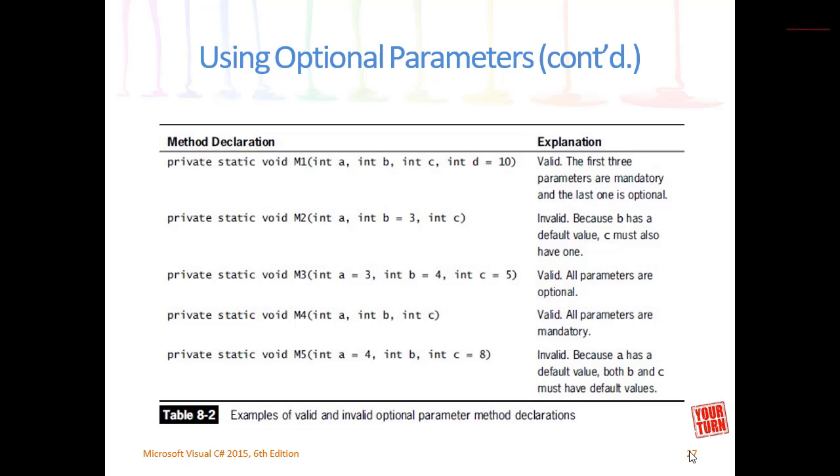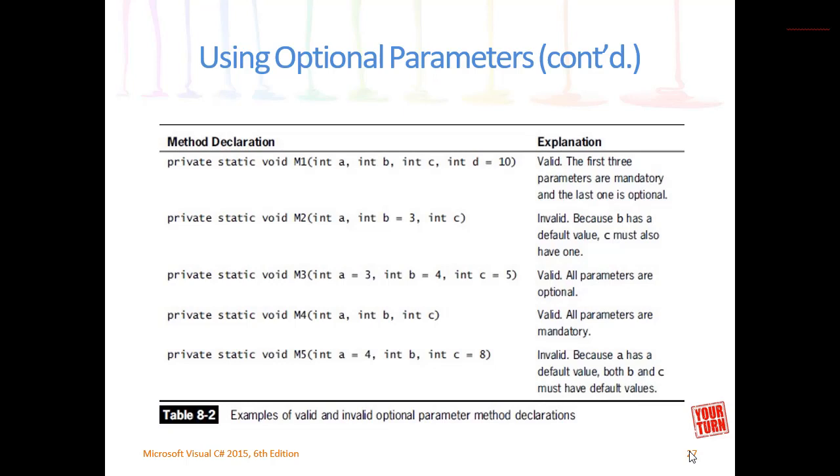So this is okay. This is good, okay? The second one, we have optional or mandatory? Mandatory, optional. Is this legal? No, it's not, because we have the optional in the middle. So yes, it's supposed to be the very last one.